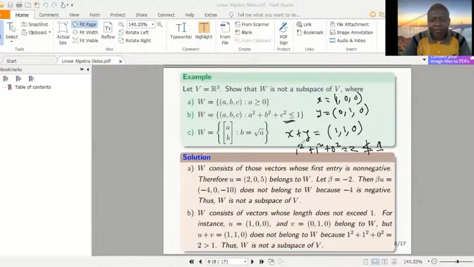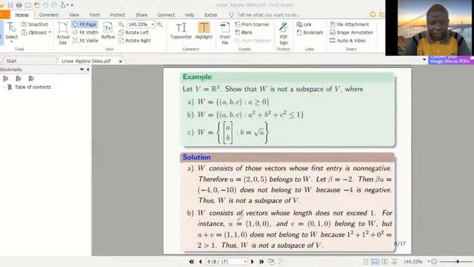Therefore, W does not meet this closure property, meaning that W is not a subspace. That's what I wrote here. I said W consists of vectors whose length does not exceed 1. For instance, W would have vectors like U, V, and so on.